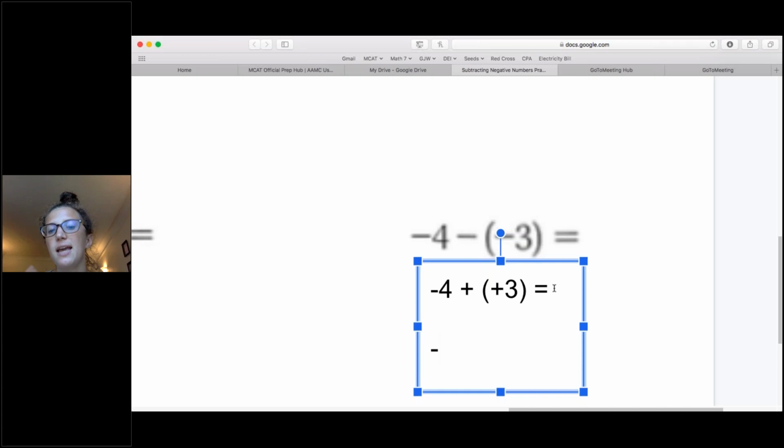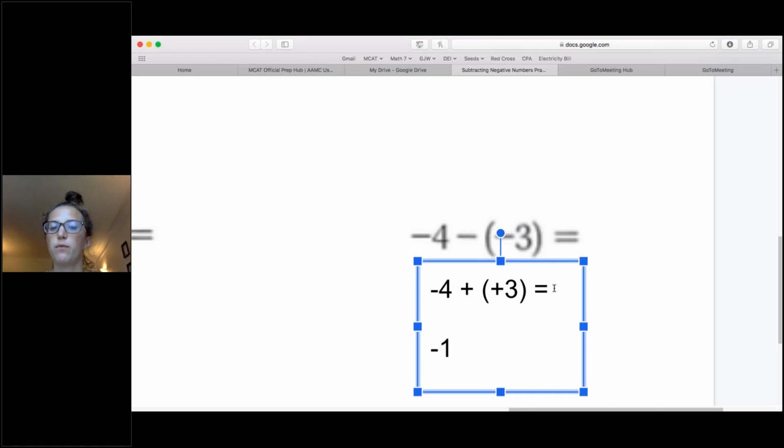When the signs are the same, we add them. When their signs are different, you find their difference, so you subtract the absolute values. Just think about if they were both positive. What's 4 minus 3? 4 minus 3 is 1.